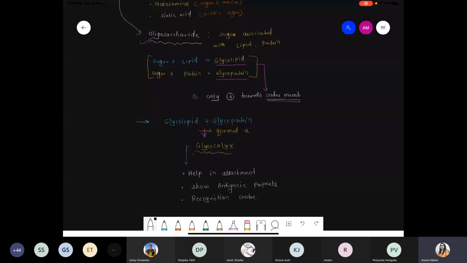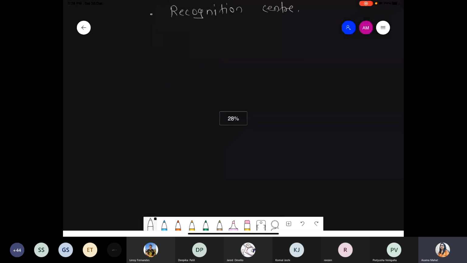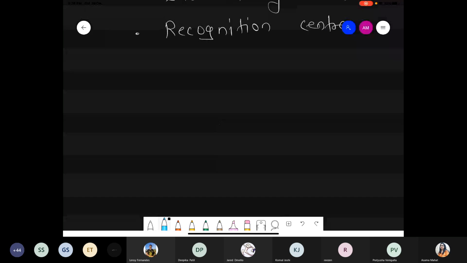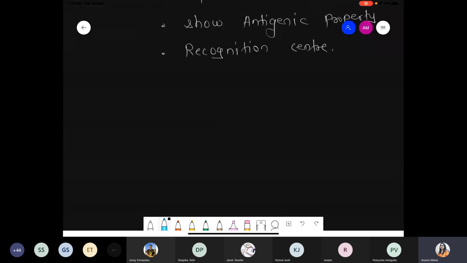Okay, so quickly, within 2 minutes, we are taking the last point: the model for the plasma membrane. There are many models actually, but the most widely accepted model for the plasma membrane is the fluid mosaic model.